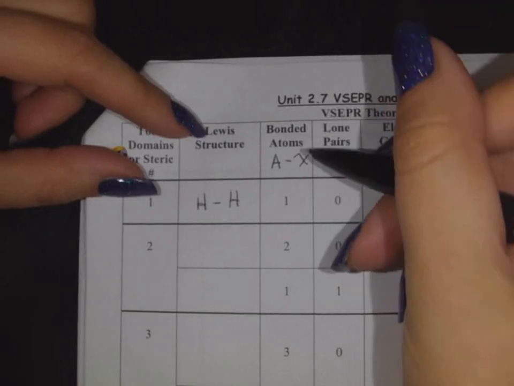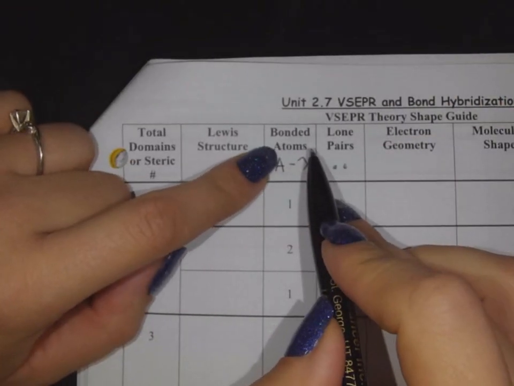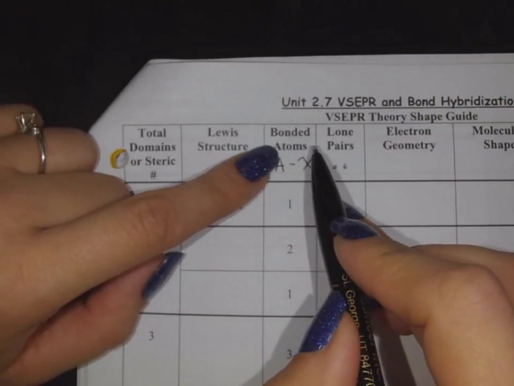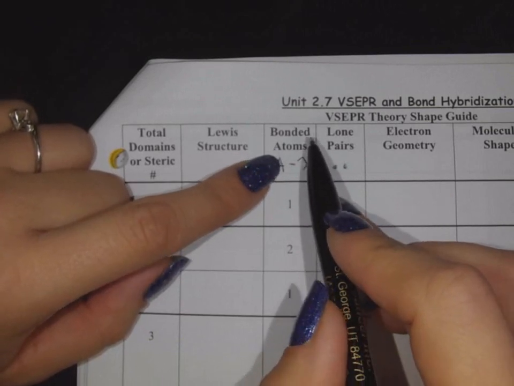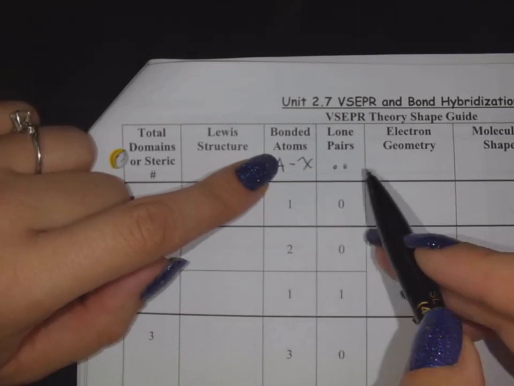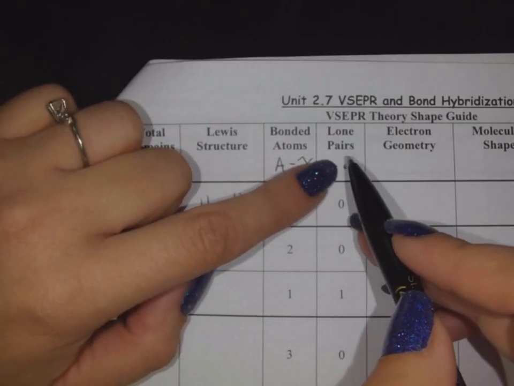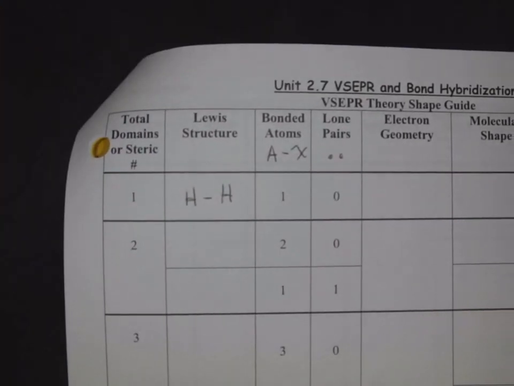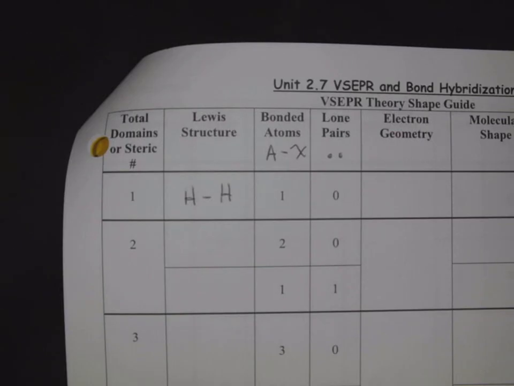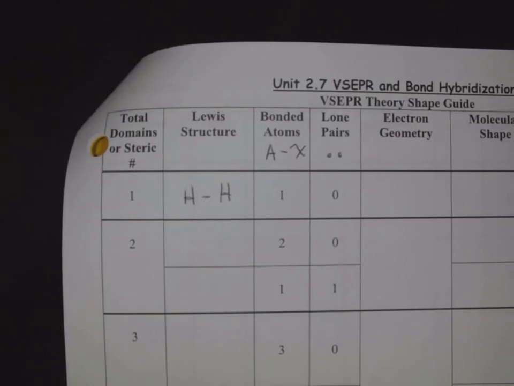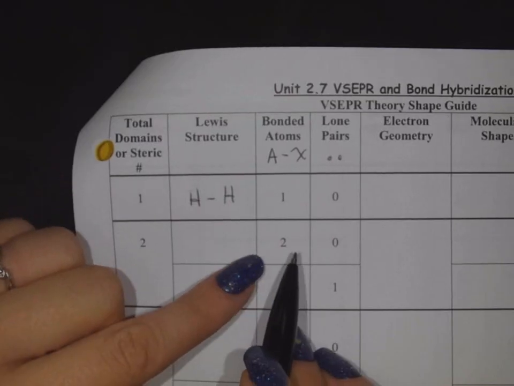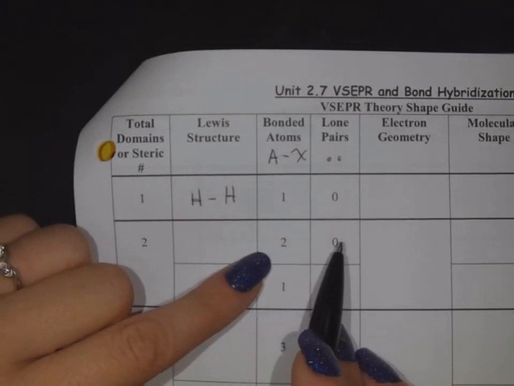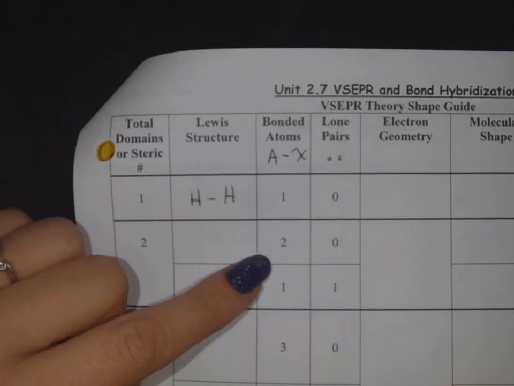These things together, the bonded atoms, not counting the center, okay, so the terminally bonded atoms, the ones bonded to the outside surrounding the center, plus the amount of lone pairs, those together are electron domains. And when we add them together, we get something called the steric number. So for this one, we have 2 bonded atoms and 0 lone pairs.